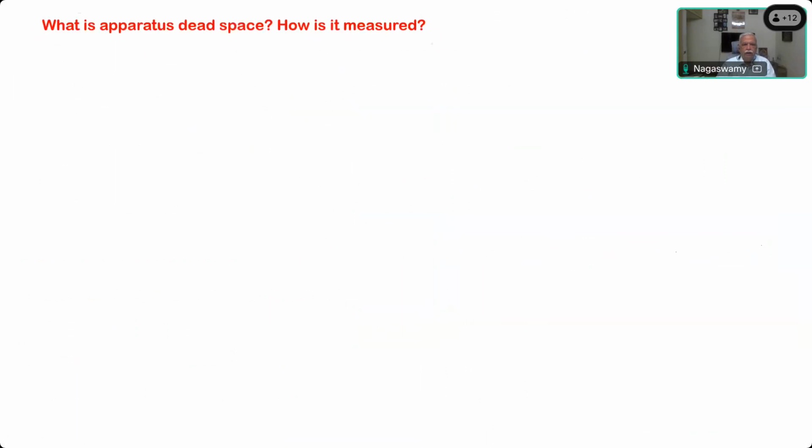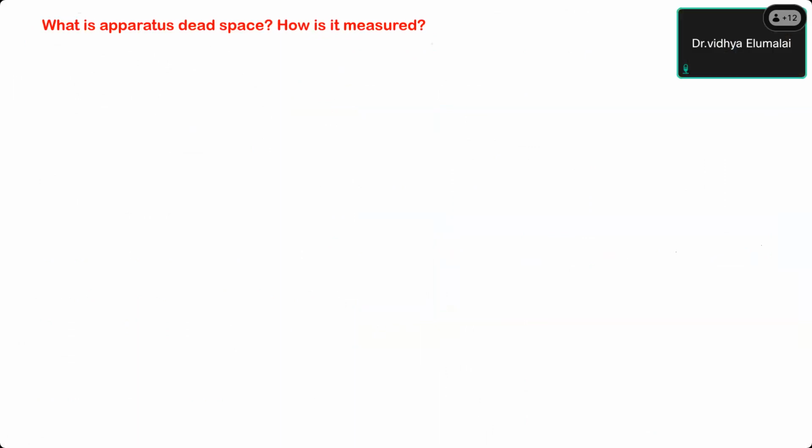What is apparatus dead space and how is it measured? It is from the Y limb up to the end of the ET tube. That is if you are using a circle system, isn't it?